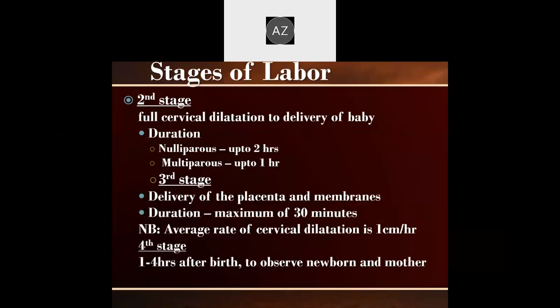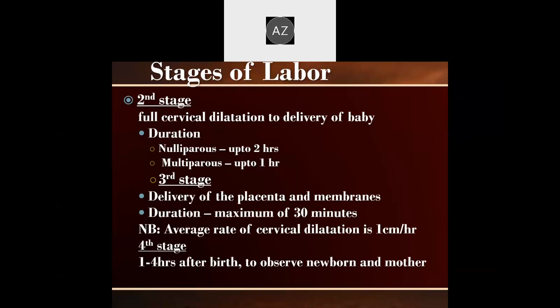The second stage of labor is from the time we have 10 centimeter dilation of the cervix to the delivery of the fetus. It usually takes 2 hours. For multiparous women, it can take 1 hour. The third stage of labor is from the time you deliver the placenta and the membranes.